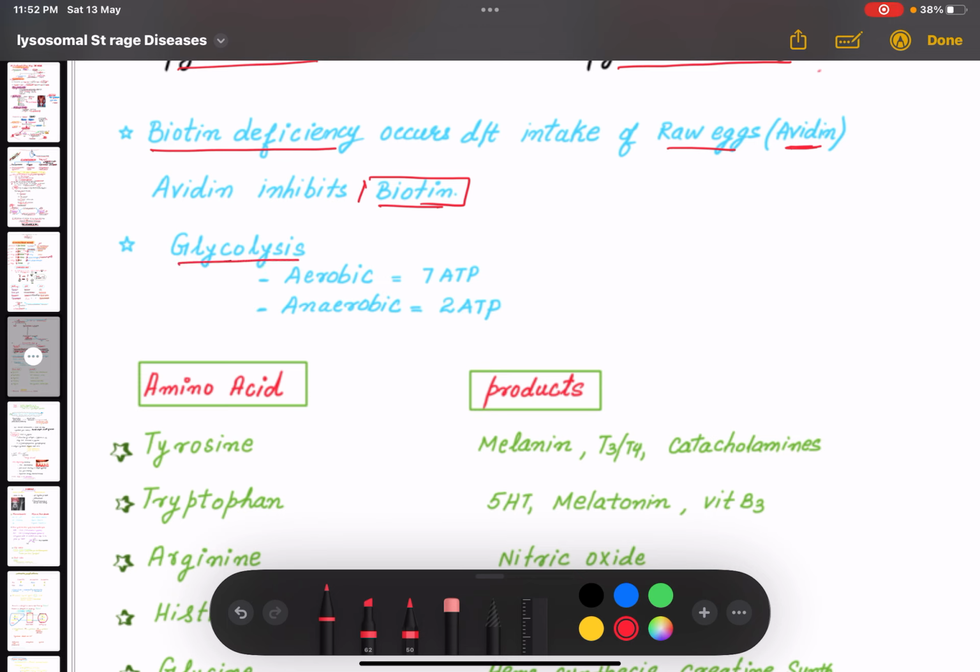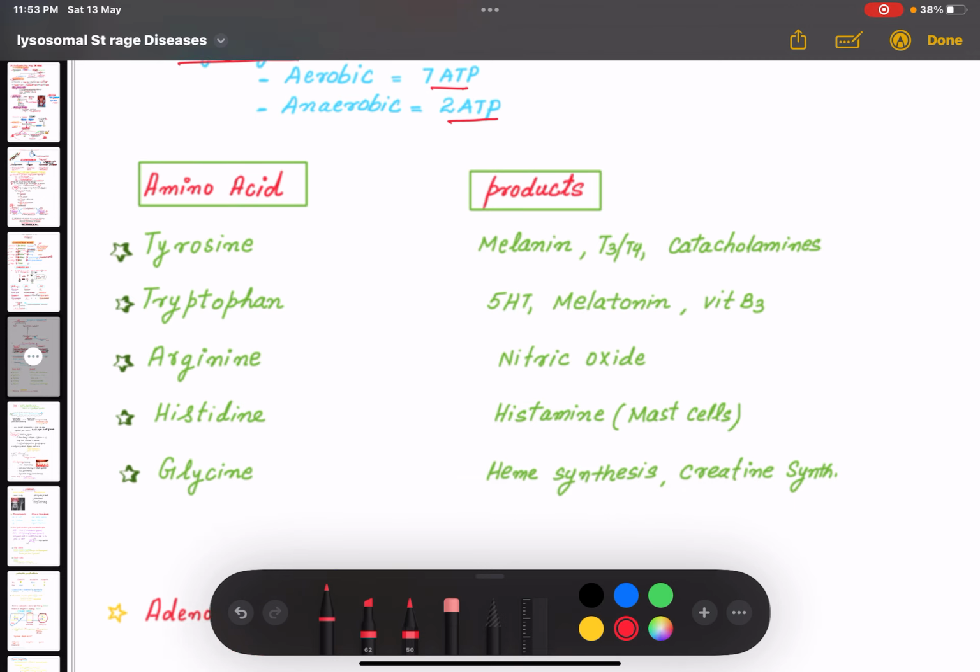We know that there are two types of glycolysis, that is aerobic and anaerobic. In aerobic we get 7 ATPs, and from anaerobic glycolysis we get only 2 ATPs. Now remember this chart, which is going to be very important, and every time you will get 2-3 questions from this chart itself. I have told you from tyrosine we get melanin, thyroid hormones, and catecholamines, and from tryptophan we get 5-hydroxytryptamine, melatonin, and vitamin B3.